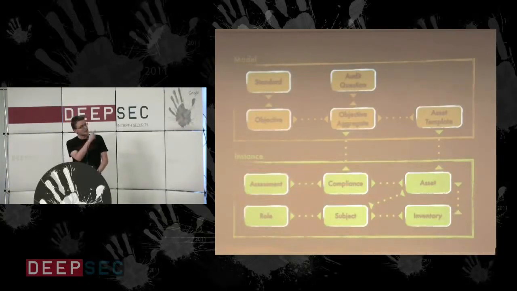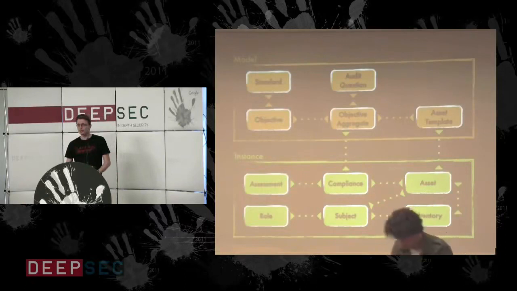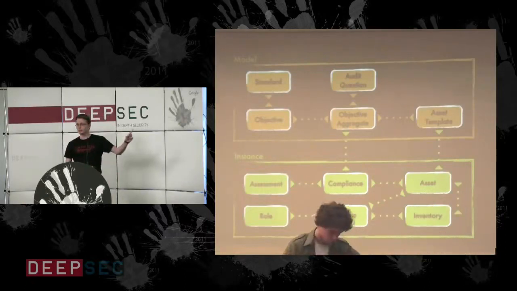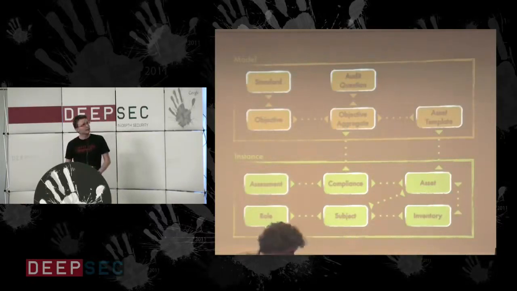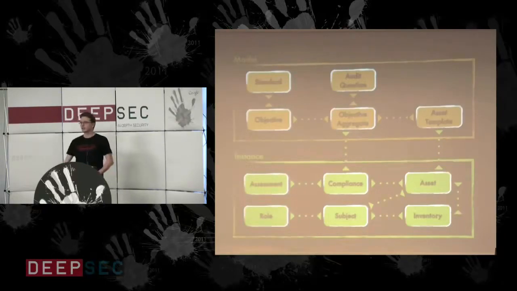Let's look at these several objects over there. The standard objective and the objective aggregate is the stuff we already talked about before. It's just the whole authority documents and controls in there with the audit questions and what we call the asset template. An asset template is actually just the model of an asset, like a web server.